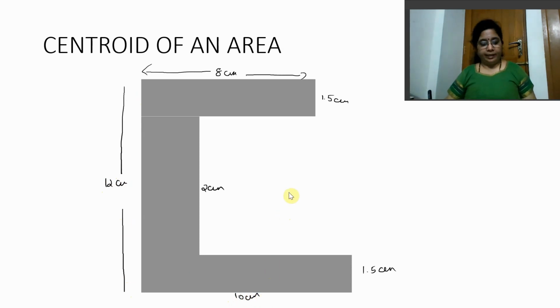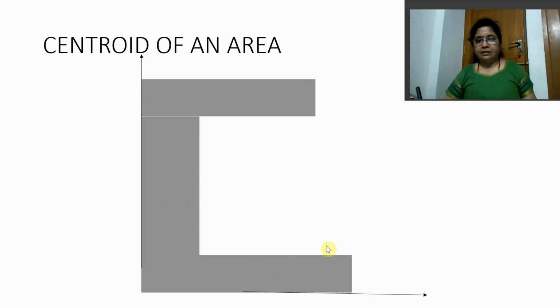So I need to find the centroid of this figure. Maybe it would be somewhere here. So how do I locate the centroid of this figure? Let me tell you the first steps. The first step is to sketch an x-axis and a y-axis. The second step is to divide this entire figure into three different areas.